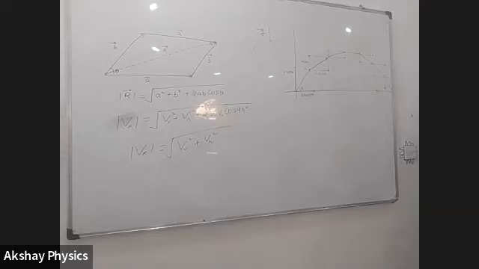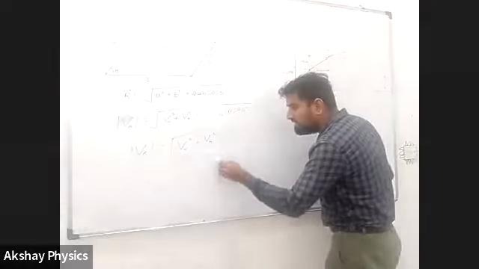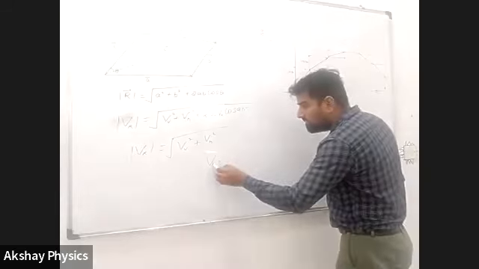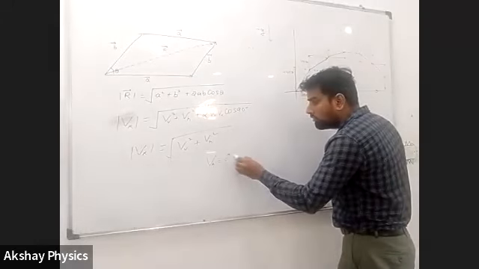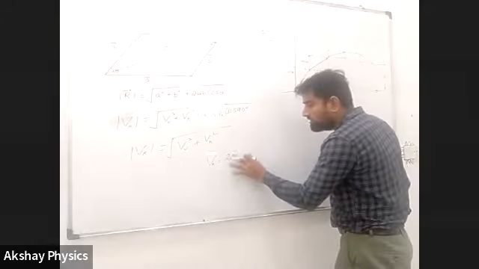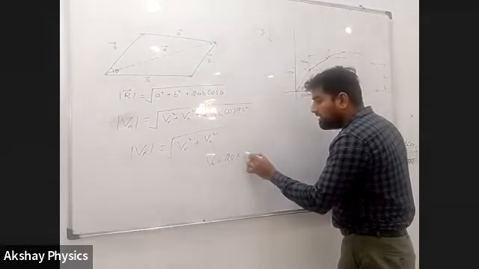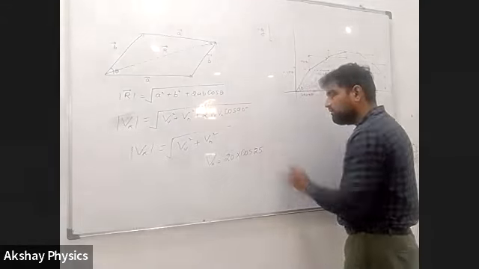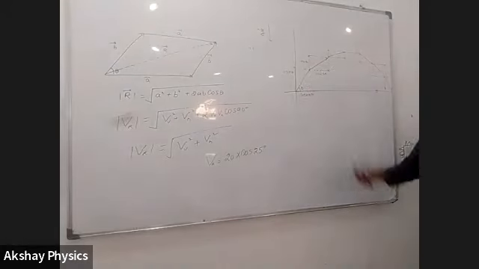You were actually calculating for 35. This was the problem. So V horizontal remains the same. It is 20 multiplied by cos 25. This velocity always remains in the horizontal direction.